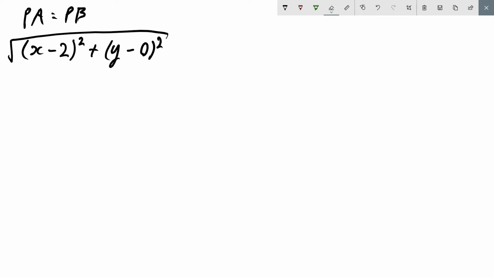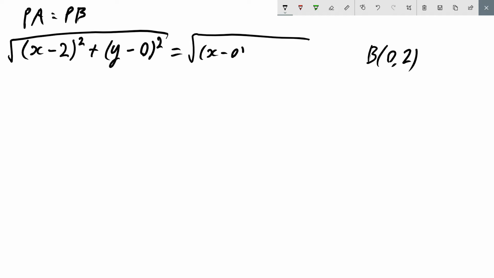But this also has to be equal to another distance equation with slightly different values. So from P to B, where we said B was 0, 2, this would be x minus 0 squared plus y minus 2 squared.